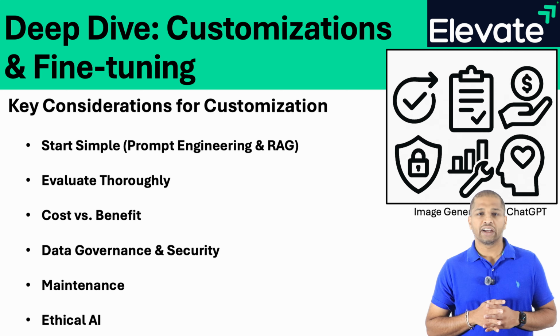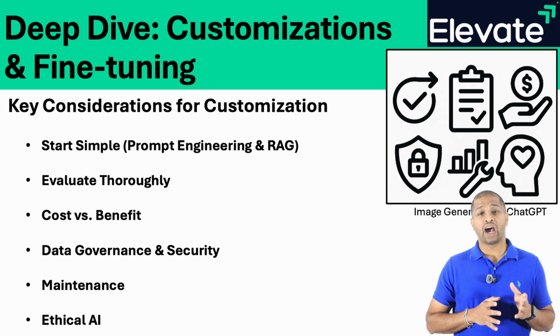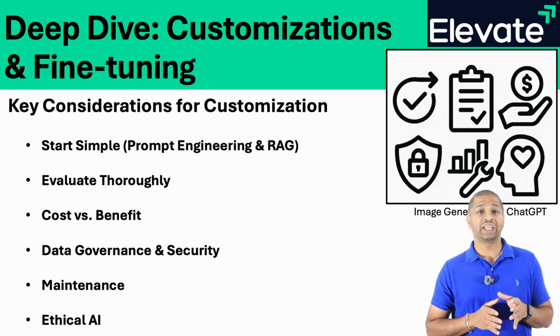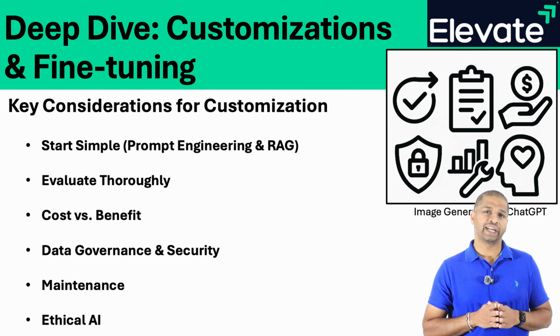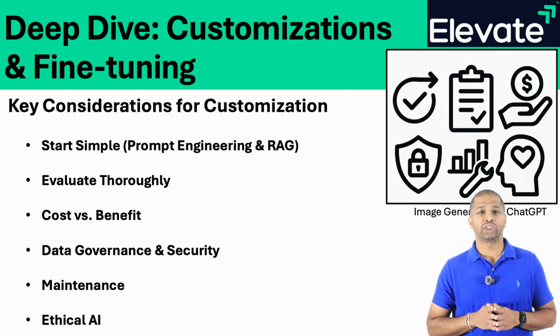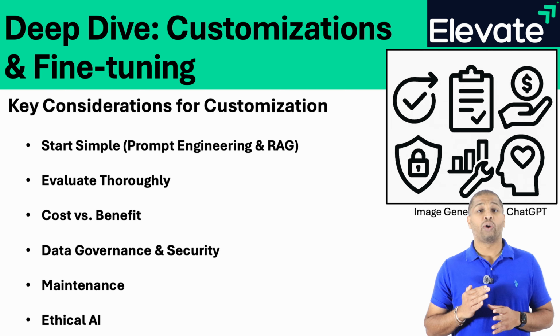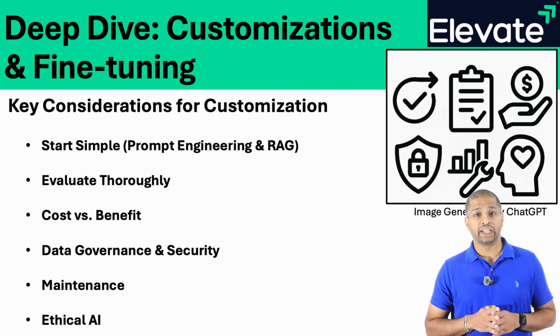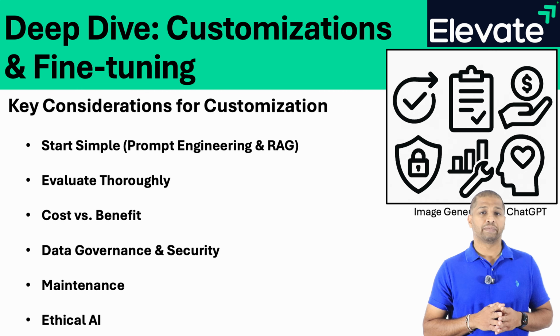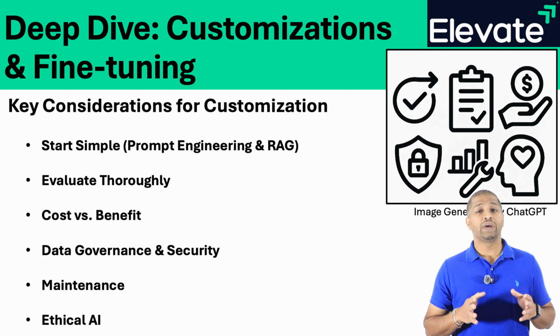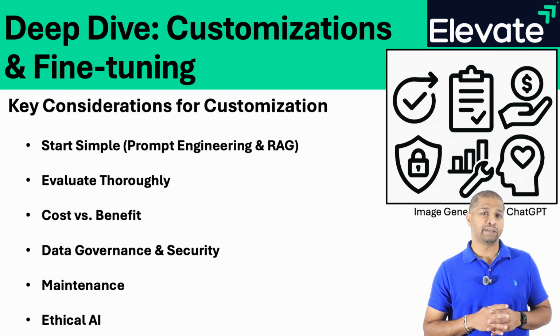Fourth, data governance and security are non-negotiable, especially when dealing with sensitive organization data. Ensure your chosen method complies with all internal and external regulations. Fifth, remember that customized models and RAG systems require ongoing maintenance. Data needs to be updated and models may need periodic retraining. And finally, always adhere to ethical AI principles.